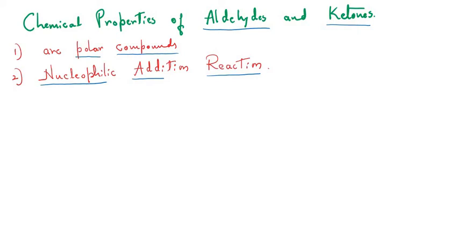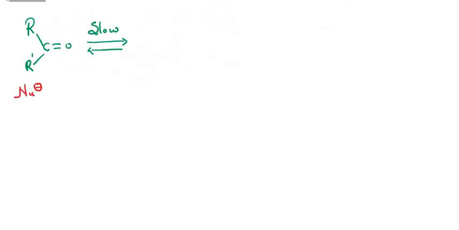nucleophilic addition reactions. Now students, let us try to understand how the nucleophilic addition reaction takes place with an example of a carbonyl compound. Here I have taken a carbonyl compound, and it is flanked by 2 alkyl groups. You can see that here there is R, and here there is R dash. Just to differentiate these R groups, I have written R dash.